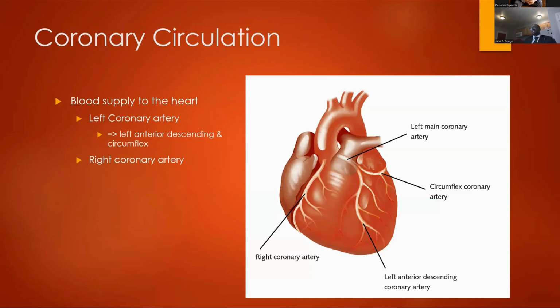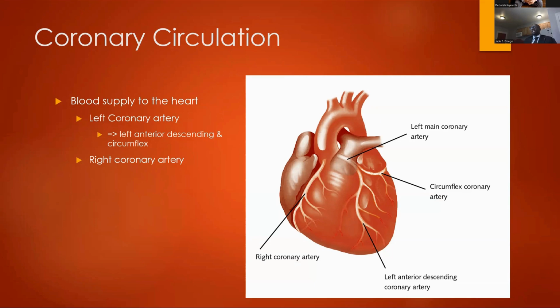It's just how it is, and the circulation that happens when the heart doesn't get the oxygen it needs to function. The coronary circulation itself is the blood circulation in the heart.